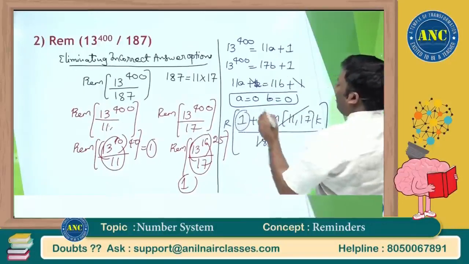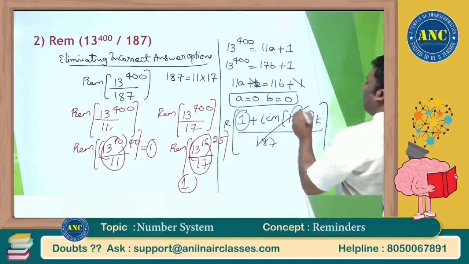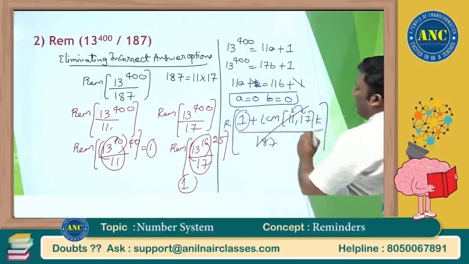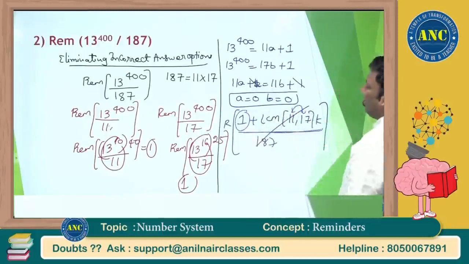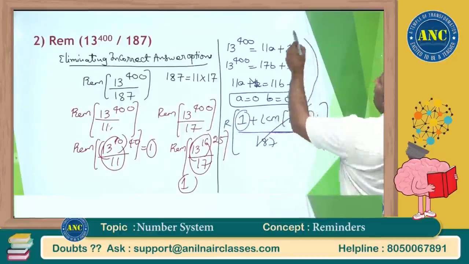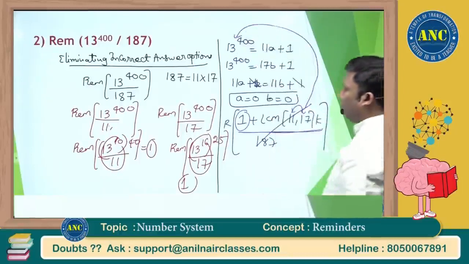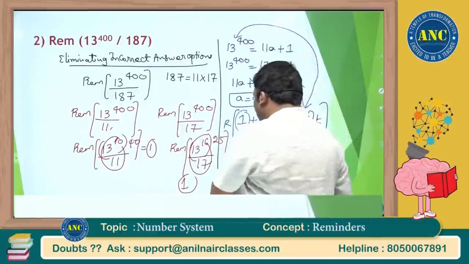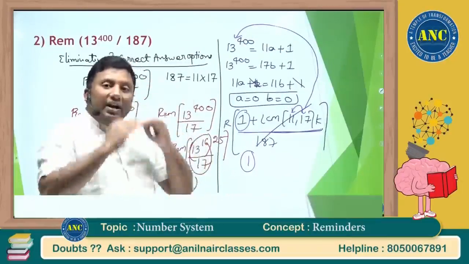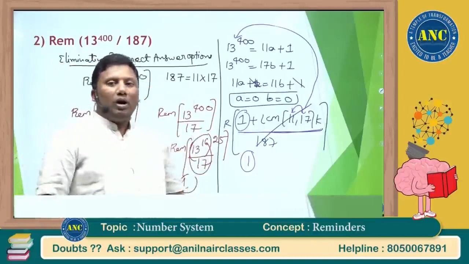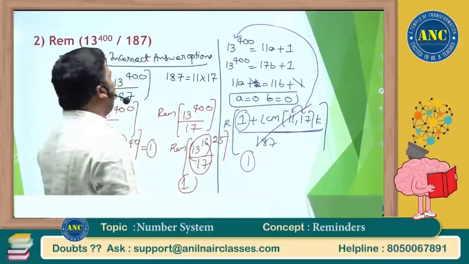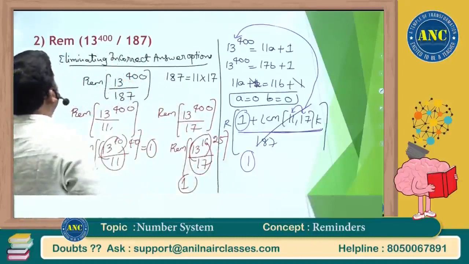What is the form of a number that, when divided by two different numbers, gives the same positive remainder? It is 1 plus a multiple of the LCM of 11 and 17. So the answer is 1: when divided by 11 it gives a remainder 1, and when divided by 17 it gives a remainder 1.